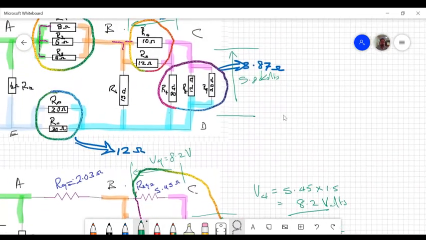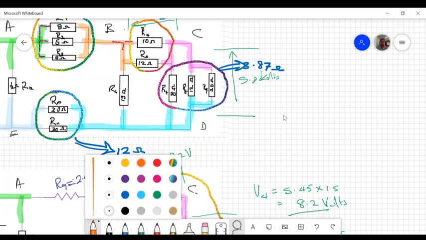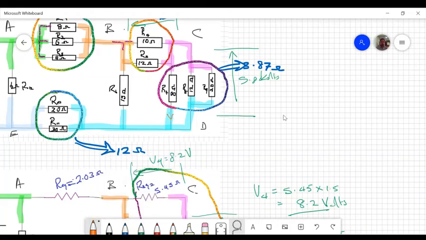So I'll call this one I6. I'll call this one I7. I'll call this one, and let's put it here, I8. Remember, it's I8 coming down here also.